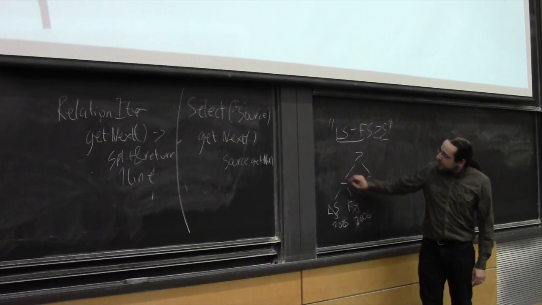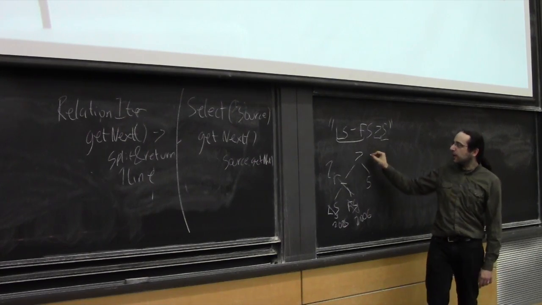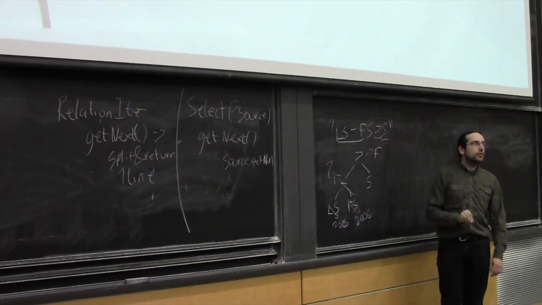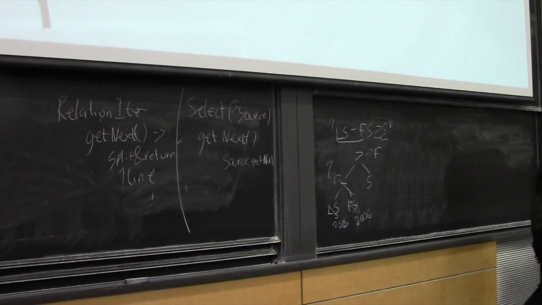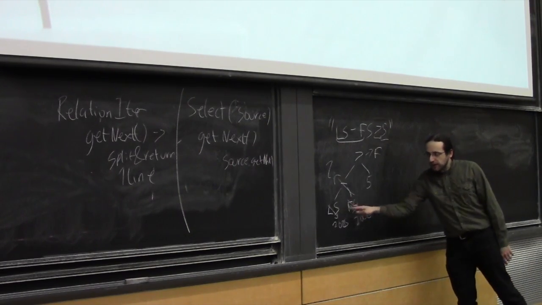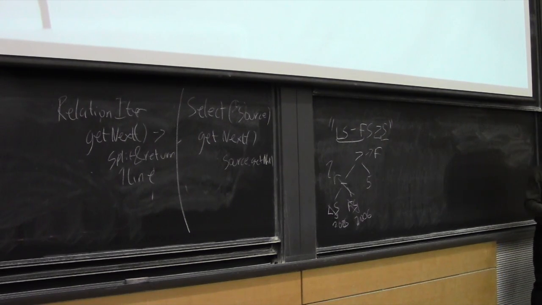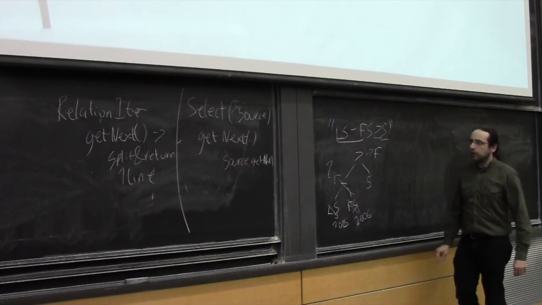All right, so this whole thing reduces to 2. 2 is not greater than 5, so this whole thing reduces to false. And I can do the same thing, just iteratively plugging in numbers for ls and fs, and I can evaluate this expression for every single row of my input.